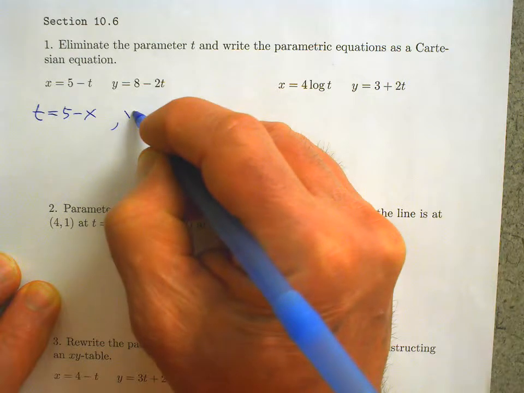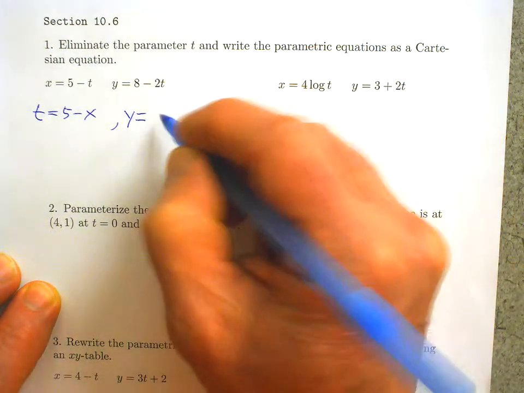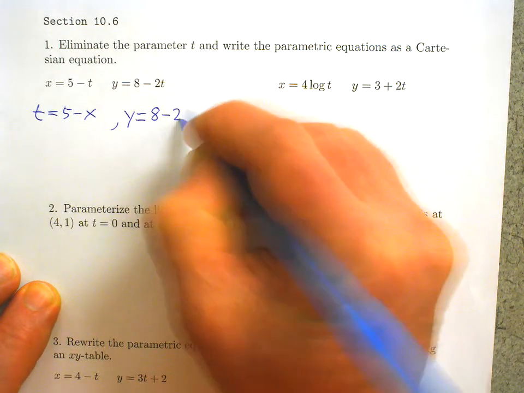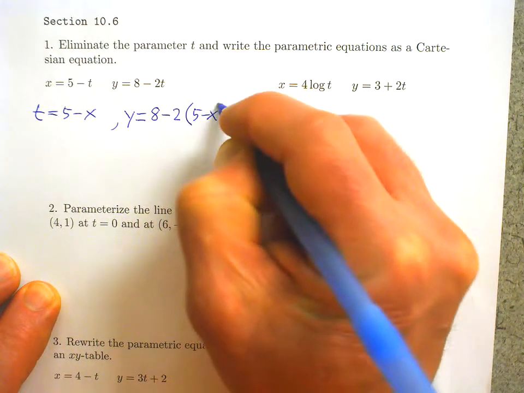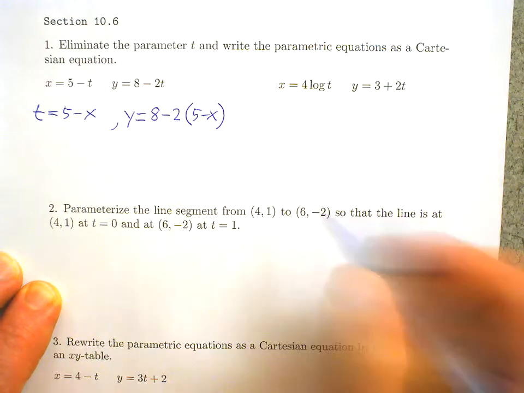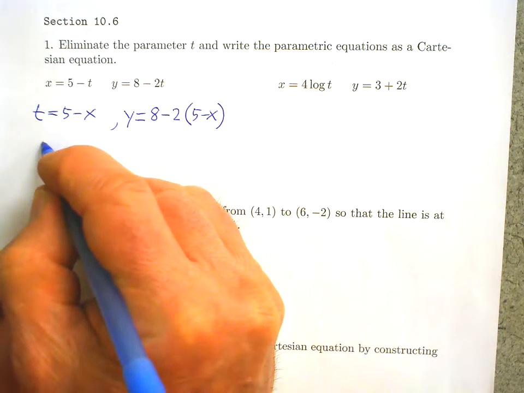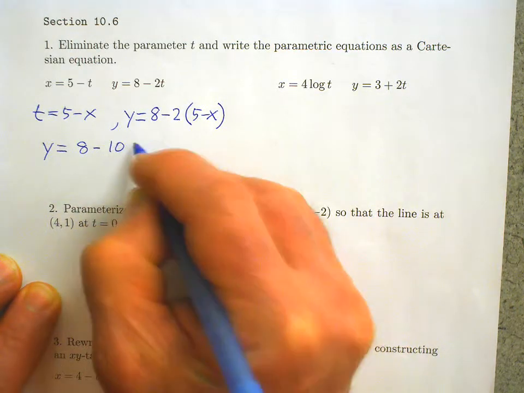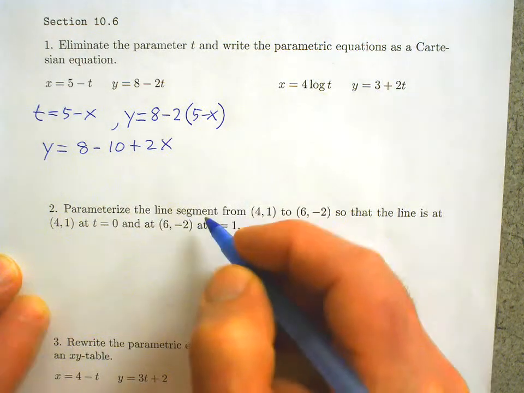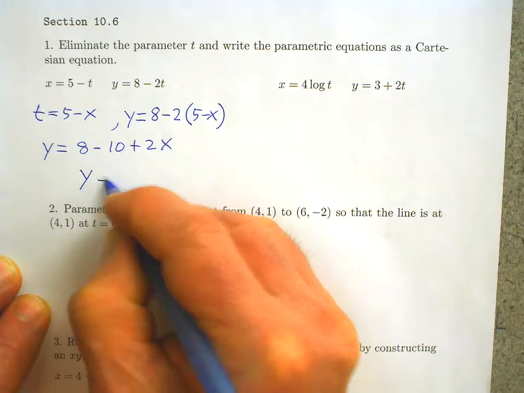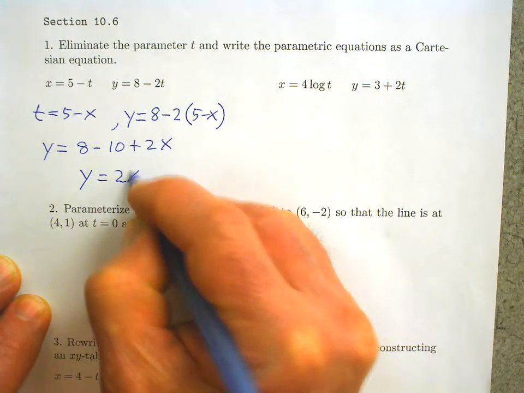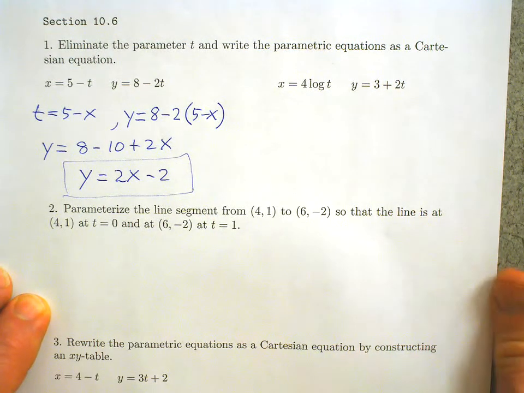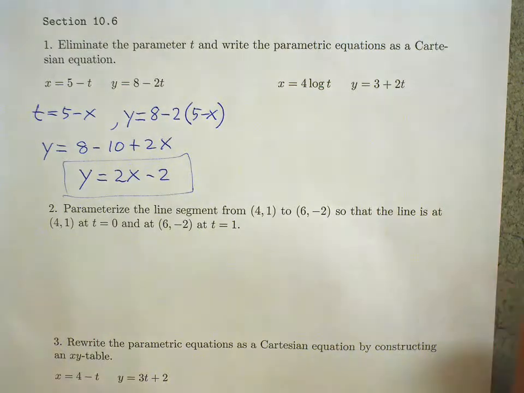And then in the other equation, y equals 8 minus 2t, replace t with 5 minus x. Do the algebra and arithmetic. We get y equals 8 minus 10 plus 2x. And finally, we get y equals 2x minus 2. There is the Cartesian equation.